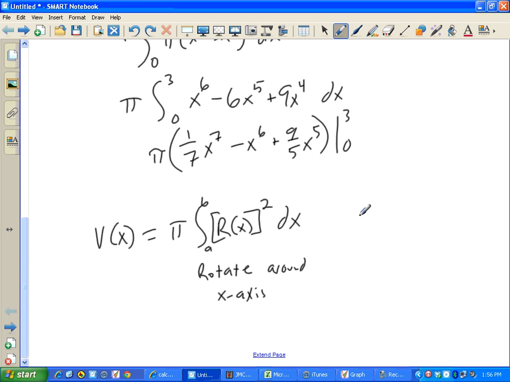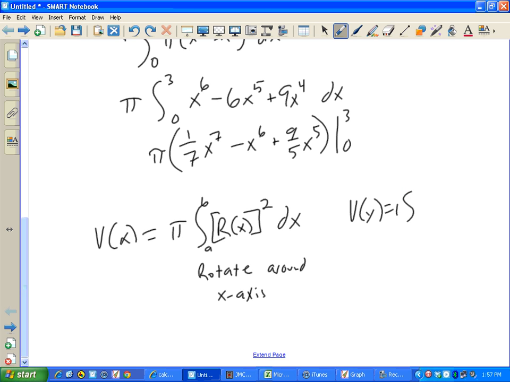And if you're going around the y-axis, it would look the same. It would just be the volume. This one's a volume function in terms of x. This would be a volume function in terms of y.